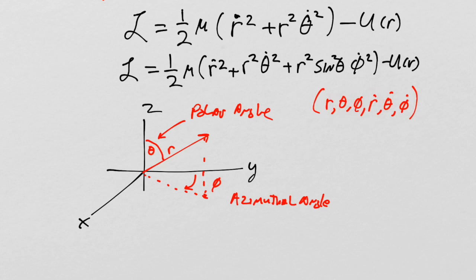And that's real important because in the Hamiltonian formalism, this will all change, and this will become r, theta, phi, the conjugate momentum of r, the conjugate momentum of theta, and the conjugate momentum of phi. And again, those are all considered to be entirely independent quantities.